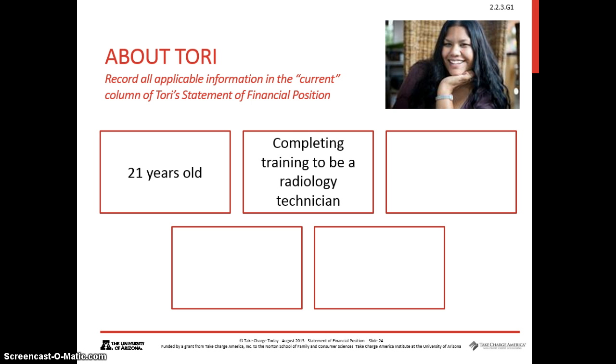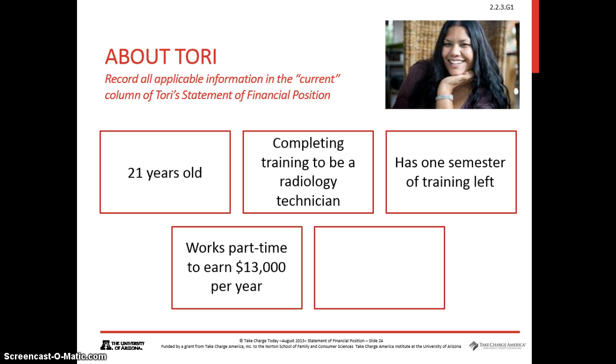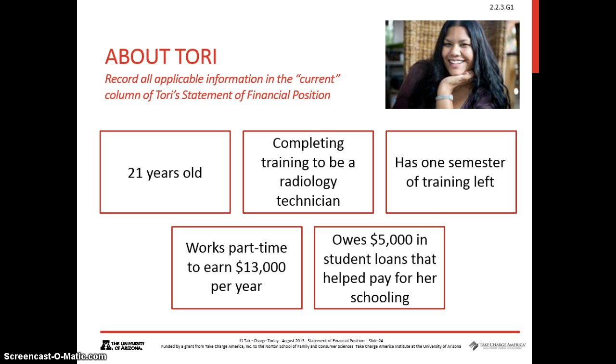She's 21 years old. She's completing training to be a radiology technician. She has 1 more semester of the training left. She's working part-time to make $13,000 per year. She owes $5,000 in student loans that helped pay for her schooling.